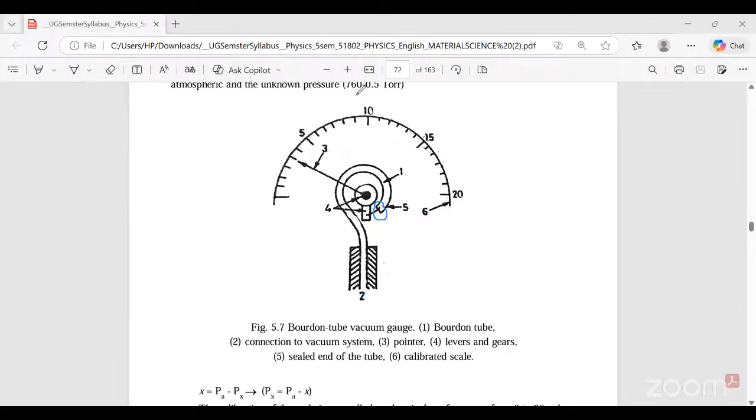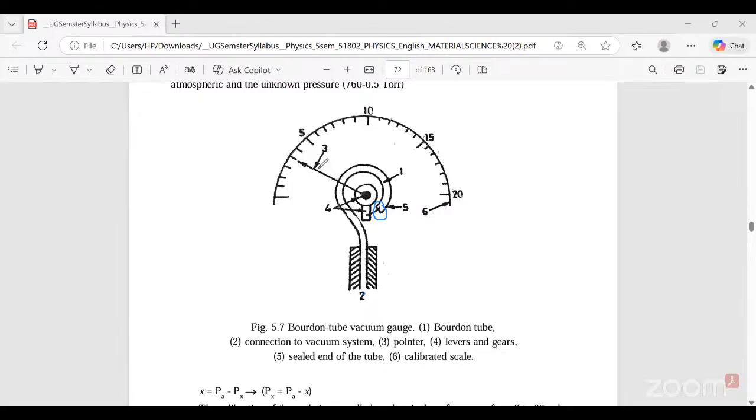The scale has markings over which the pointer moves. Wherever the pointer marks, it indicates the difference between the atmospheric and unknown pressure.